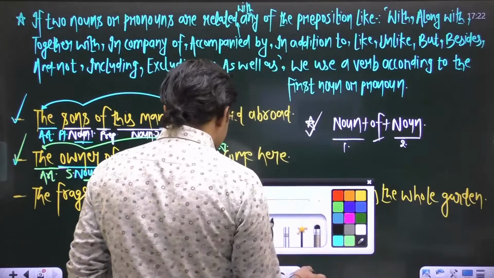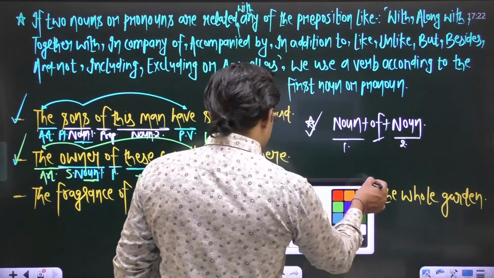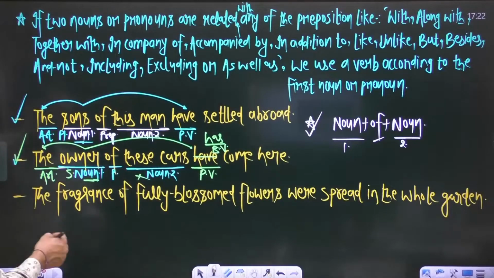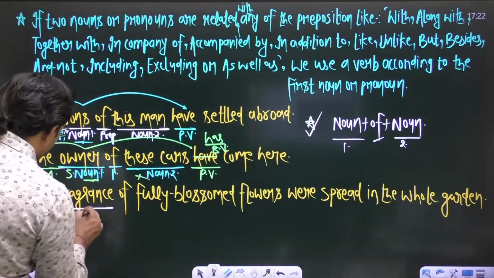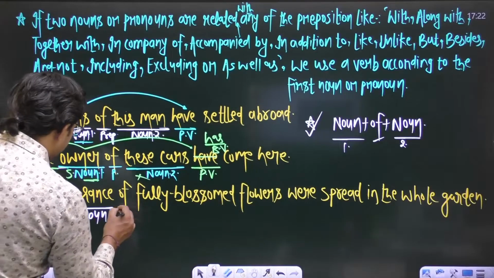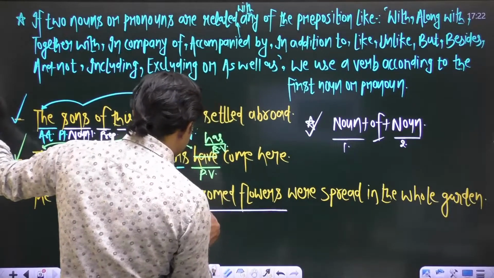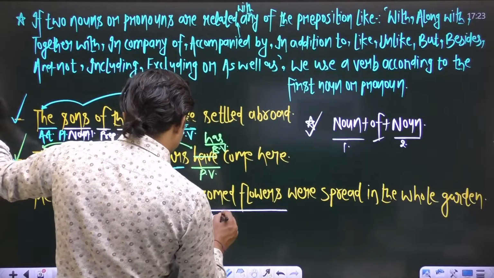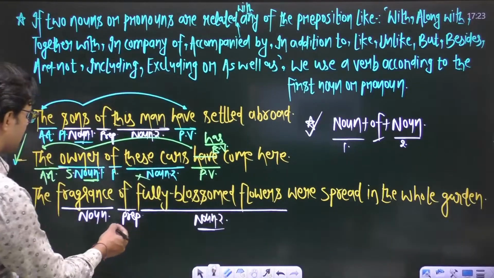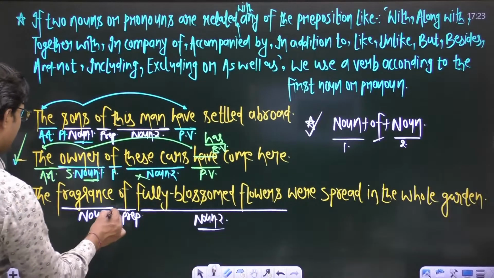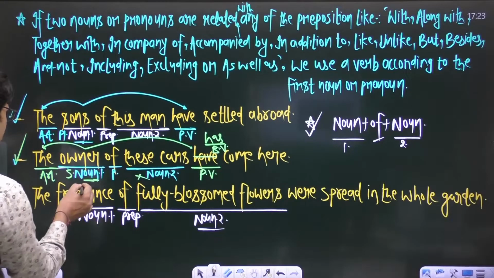So in the third sentence, let's take an example. In the third sentence, this word fragrance is a noun, right? Of is the preposition, and fully blossomed flowers is the second noun. In this construction, noun plus of plus noun, our entire focus is on the first noun.